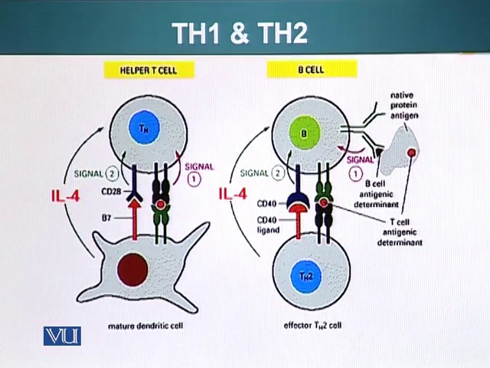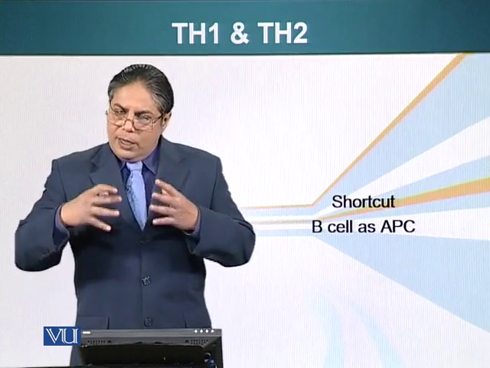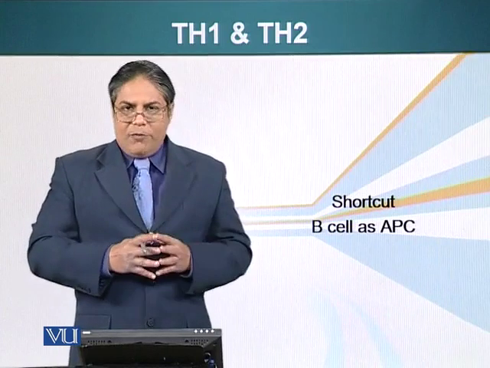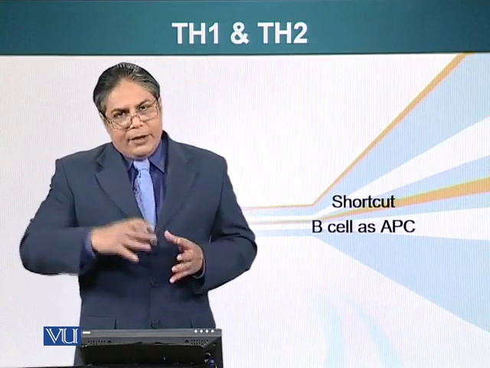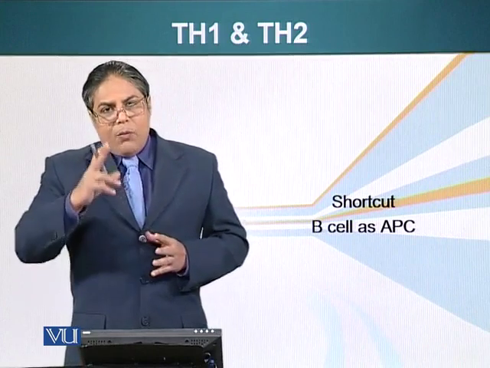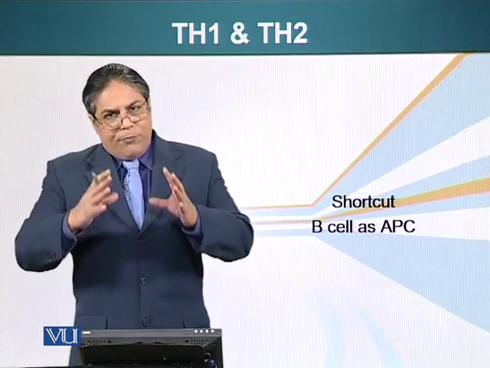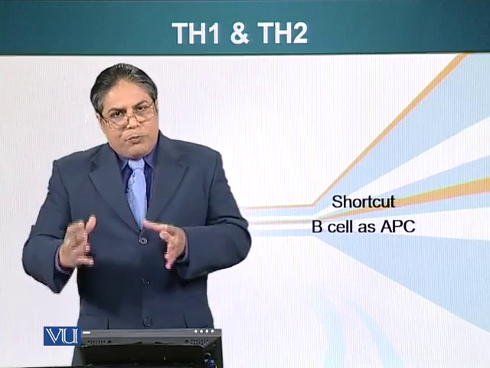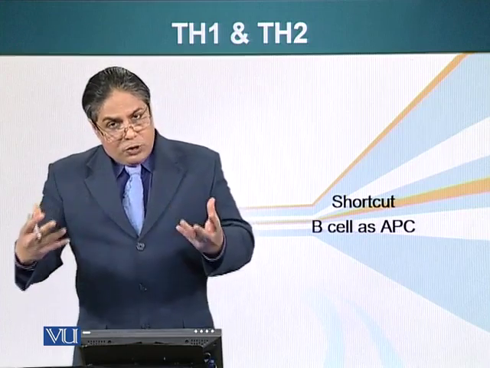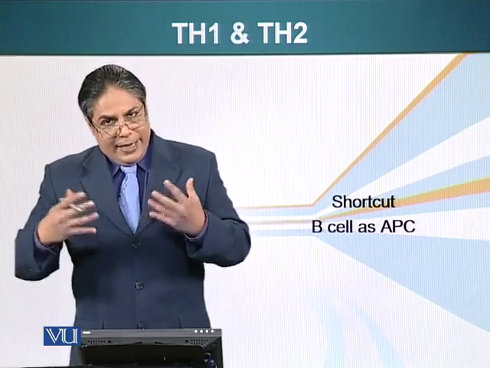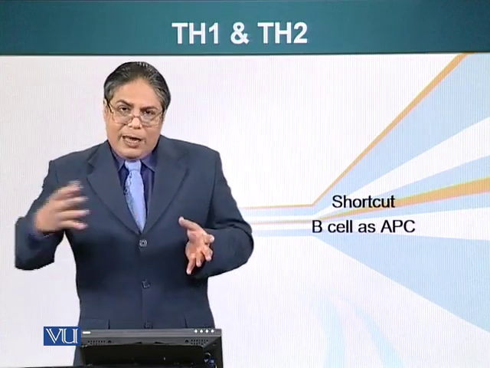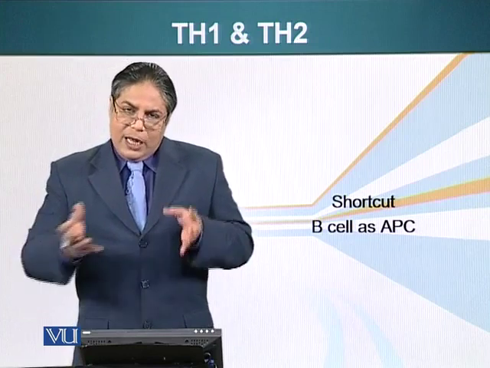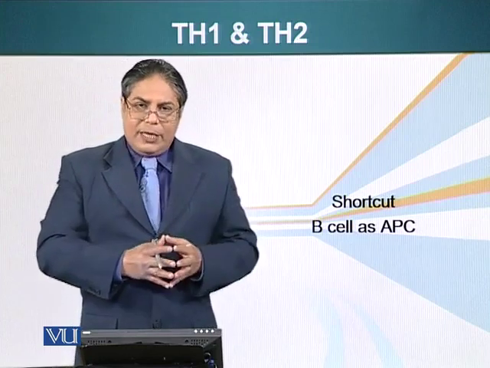I would like to tell you that initially, when we talked about the reoccurrence of a particular infection, we said the secondary response is much, much greater. One of the reasons why it is greater is, remember we said that B cells, when they become mature, also divide. Some of the B cells, when they get activated, divide. Some form effector plasma cells. The other cells become memory cells.